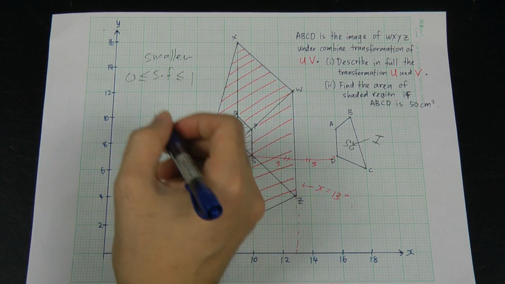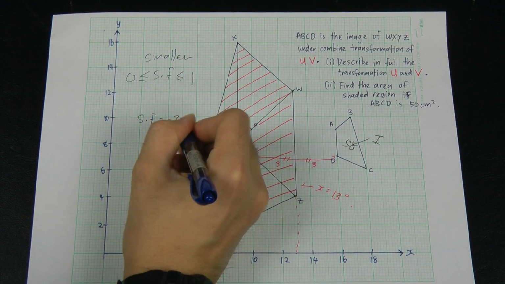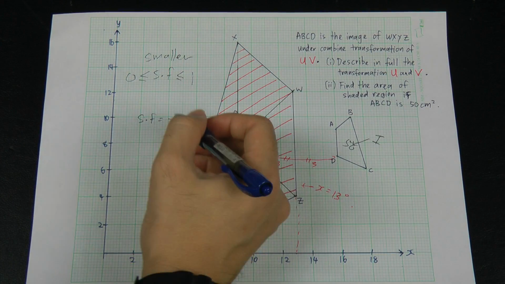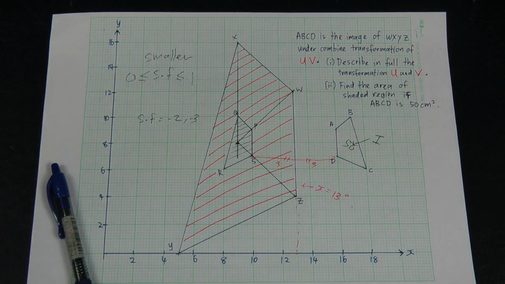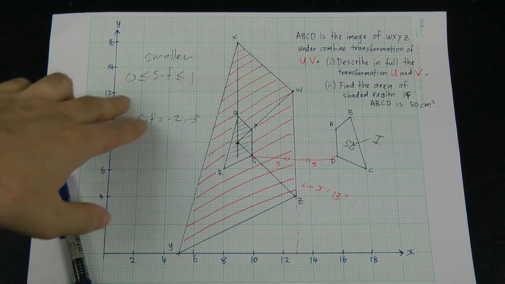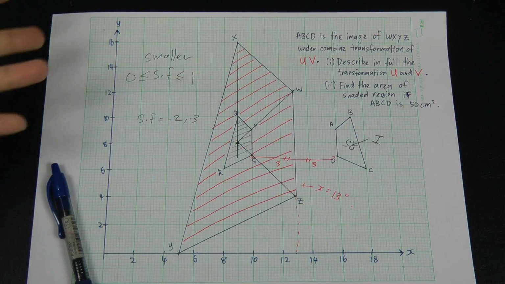A lot of students will think if the skew factor is -2, it means it becomes smaller, but this is wrong. Even if it's -2 or -3, it still means the image becomes bigger, just in the opposite direction. So if the image wants to become smaller, the skew factor must be between 0 and 1, something like 1 over 2, 1 over 3, 1 over 4.